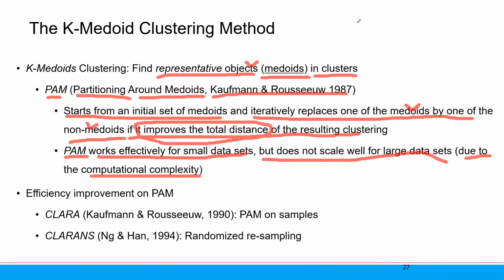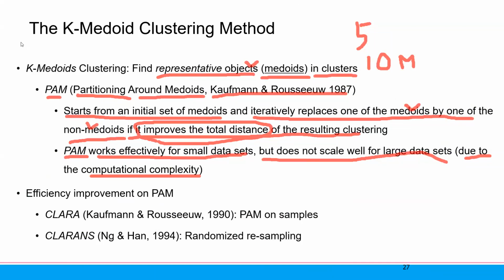If we have only 5, then maybe we will iterate 5 times. But if we have 1 million or maybe 10 million objects, then we will iterate for 10 million. So it is too complex for getting the clustering with K-Medoids.